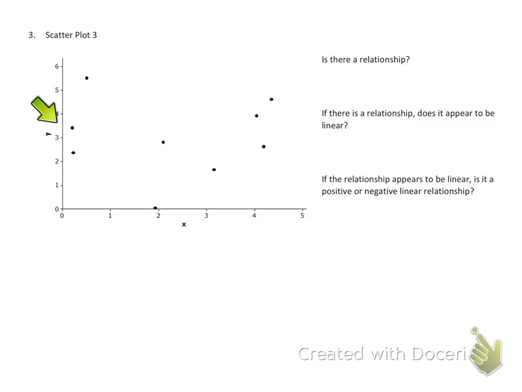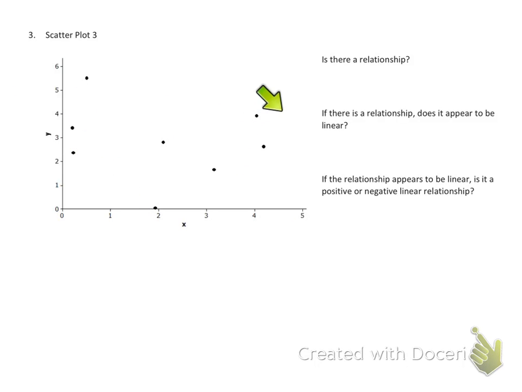Looking at these points here, we've got y values between about 2 and 5.5 is the highest one. There's a y down here at 0 as well, so y goes from 0 to 6, and x values go from about 0 up to 5. There does not appear to be any correlation between these two variables here.